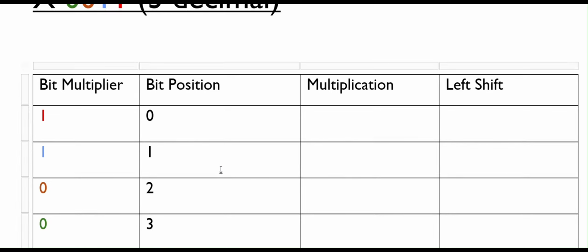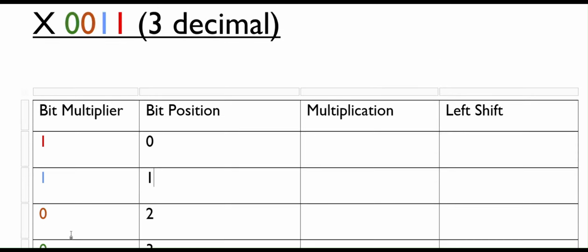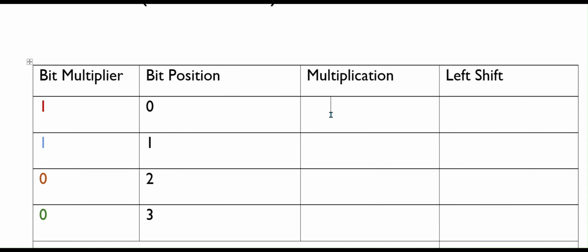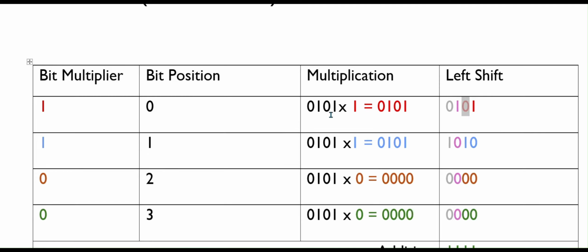Now, to do the multiplication, we're going to use these individual bits to multiply all of the 5 bits. We're going to use this 1 to multiply all of this, the 0 to multiply all of this, and then the green 0 to multiply all of this.